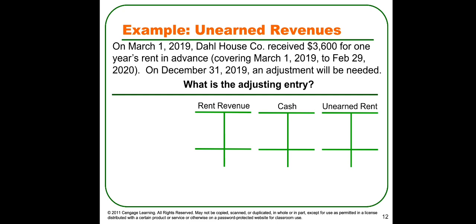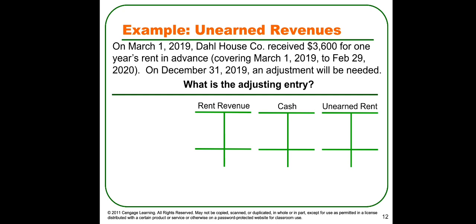So see this example. On 1st of March 2019, a business received 3,600 for 1 year's rent in advance. The business rents out a space, and the person who rented the space paid 3,600 for 1 year's rent in advance, covering March 2019 to February 2020.